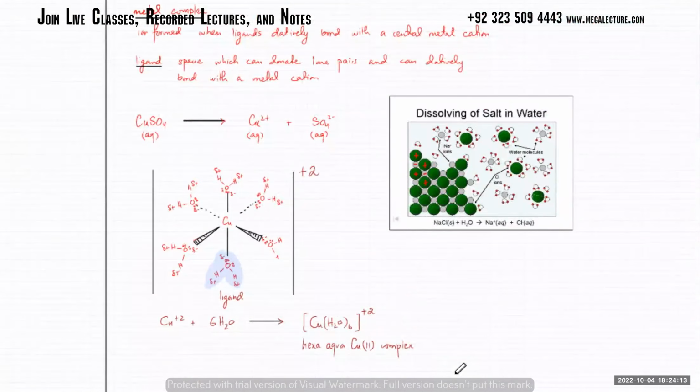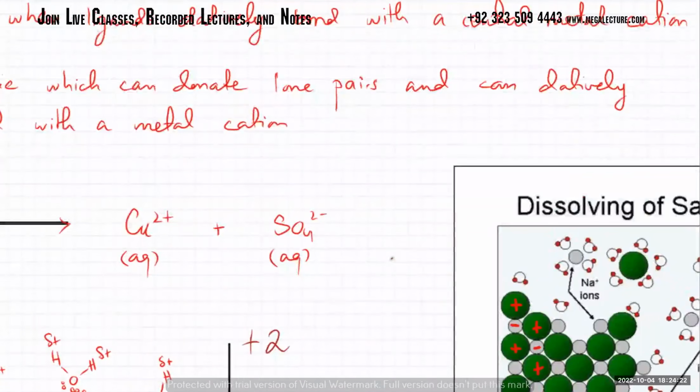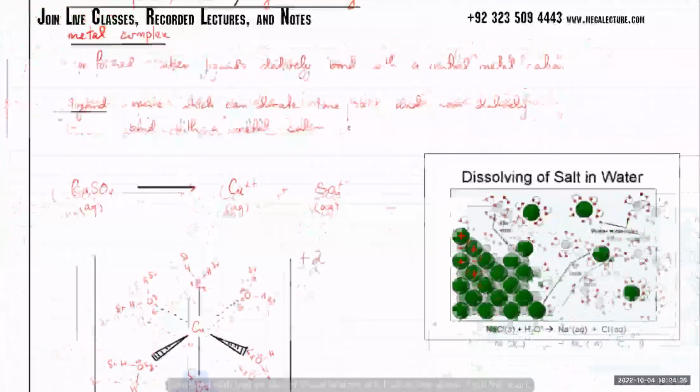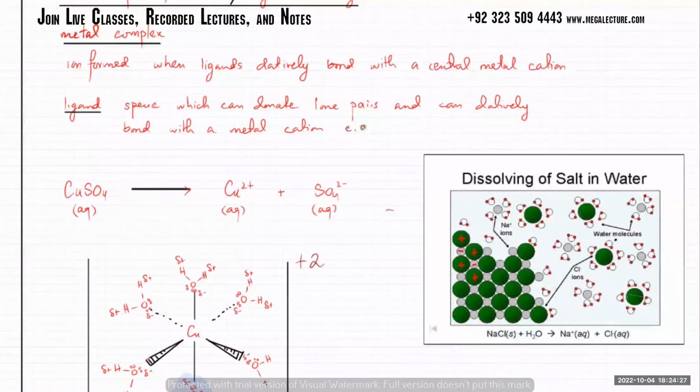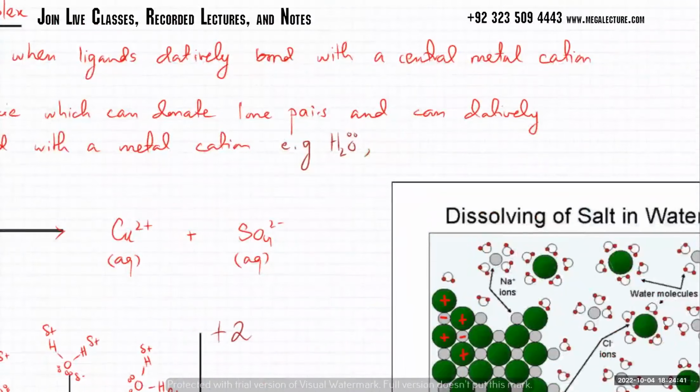So the ligand is the one that is donating lone pairs. So how many different ligands can you have? I'll just write some examples of ligands. One is water. Anything that's got lone pairs can act as a ligand. So water is one ligand because obviously it's got lone pairs. You've got NH3, that's another ligand because N has lone pairs.